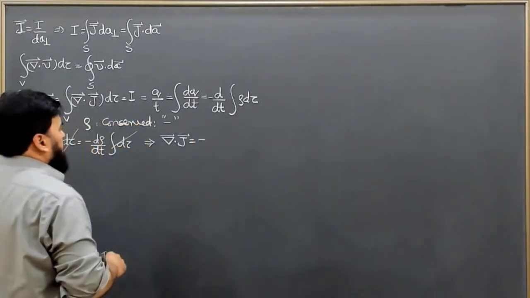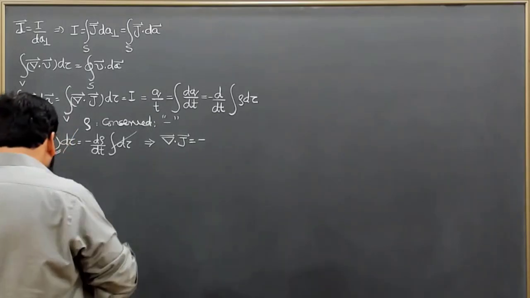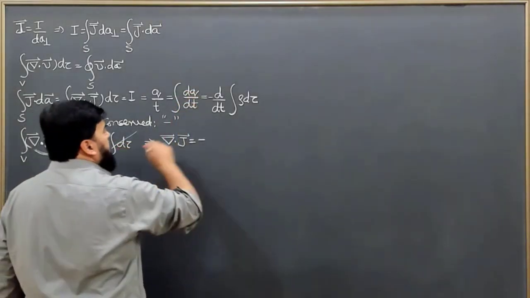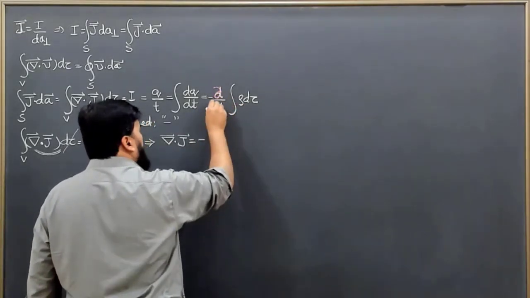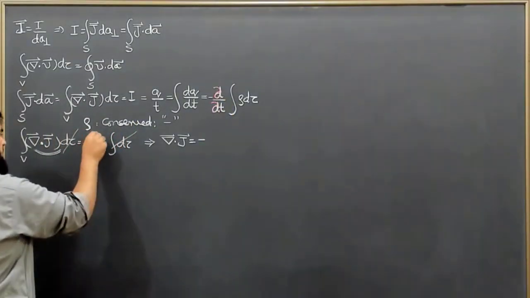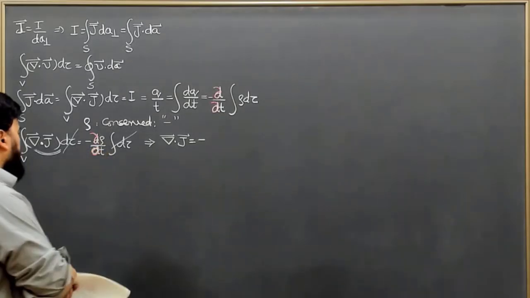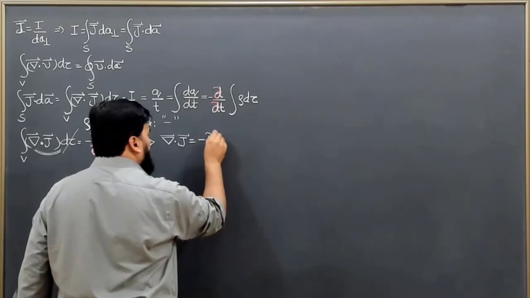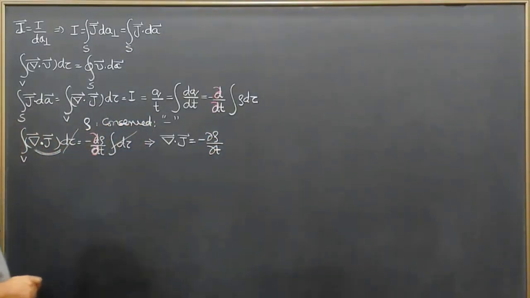One thing we have to take care of here: when we write d over dt and it comes out of the integral, it becomes partial over partial t, the partial derivative. So it is partial rho over partial t here.